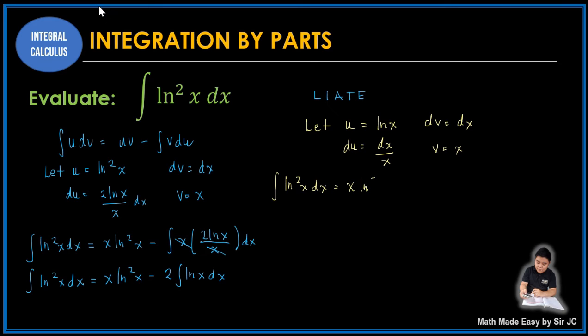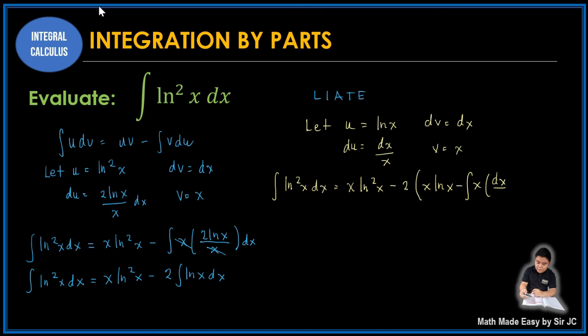So the given integral of ln squared x dx is equal to x ln squared x minus 2 times the integral of ln x dx. The integral of ln x is u times v, so x ln x, minus the integral of v, so x, times du, which is dx over x.